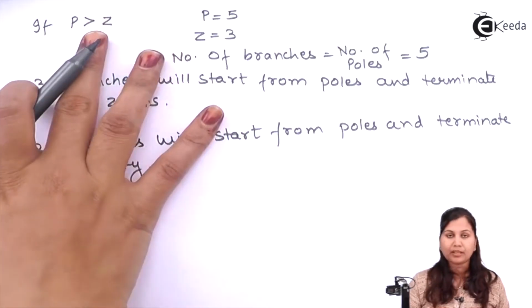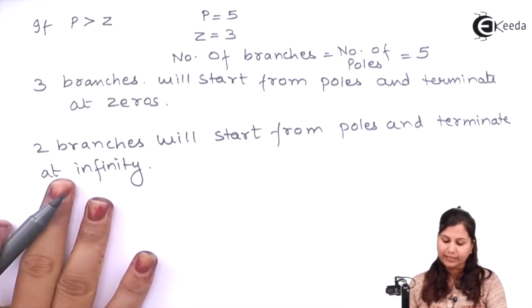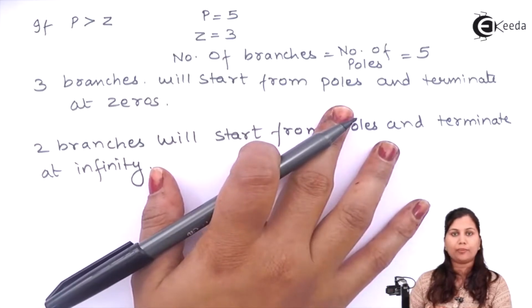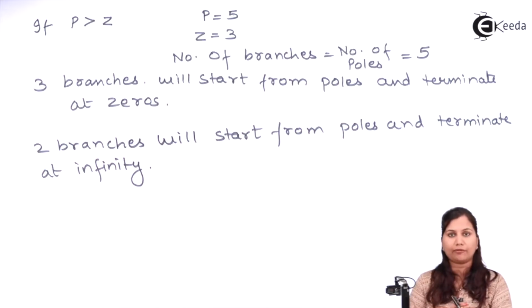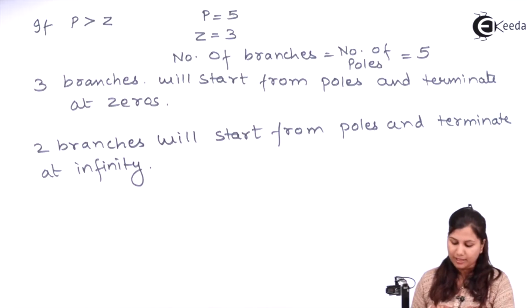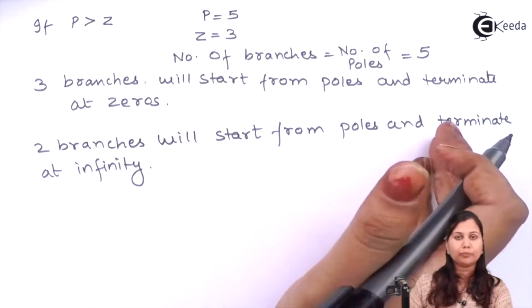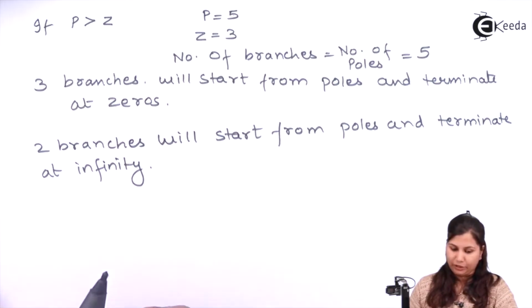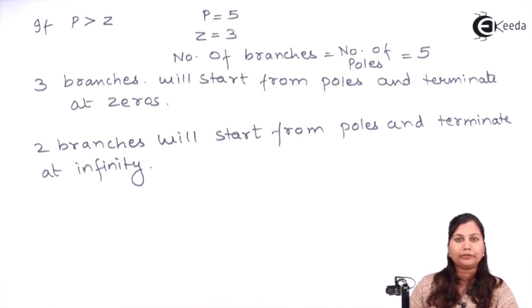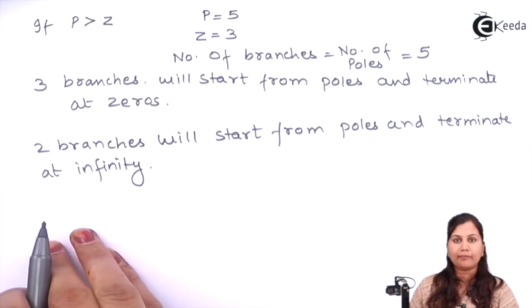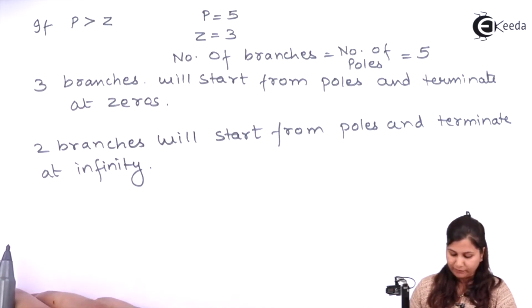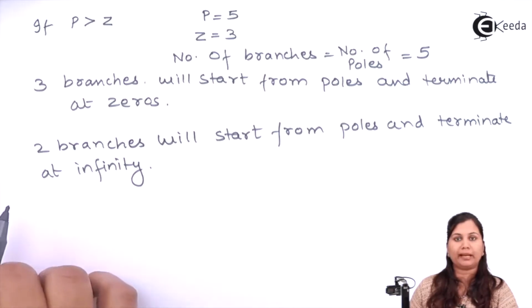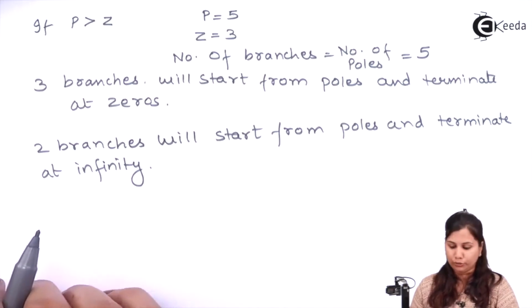If we have poles greater than zeros, then 3 branches will start from poles and terminate at the zeros, and the remaining 2 branches will start from the poles and terminate at infinity. So this was rule number 3, the third step while plotting the root locus, and through this step we are able to determine the number of branches of the root locus.